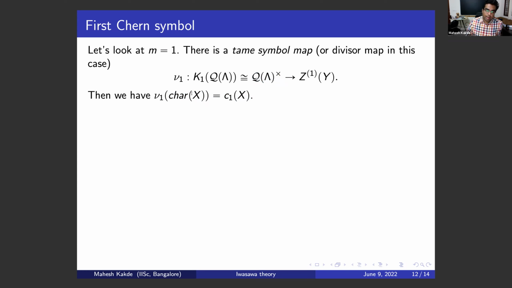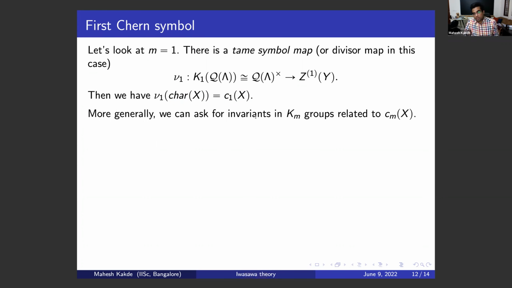lambda. And what the analytic side of the main conjecture tells you is that you can actually get a nicely defined element in Q lambda that also interpolates L values. Another way of saying this is that L values actually tell you something about the first Chern symbol of x. So you can ask what happens more generally.